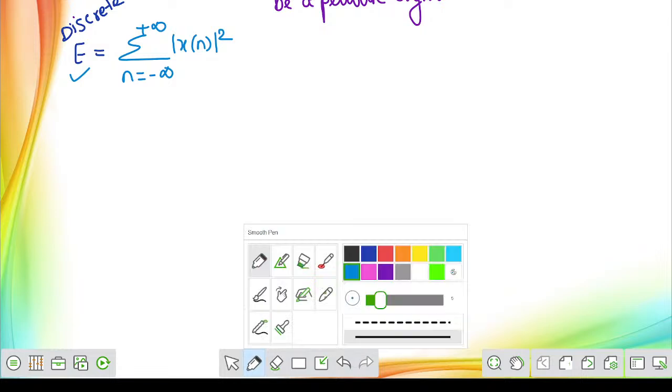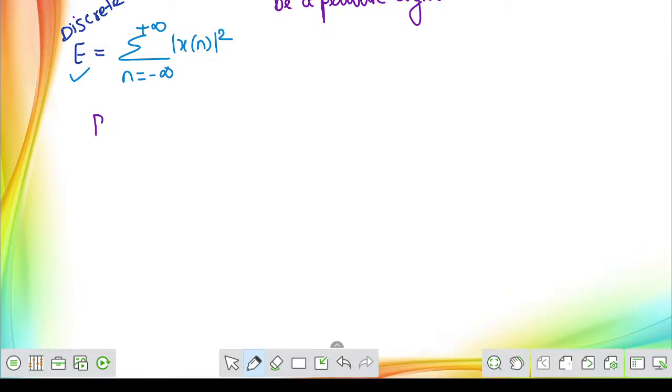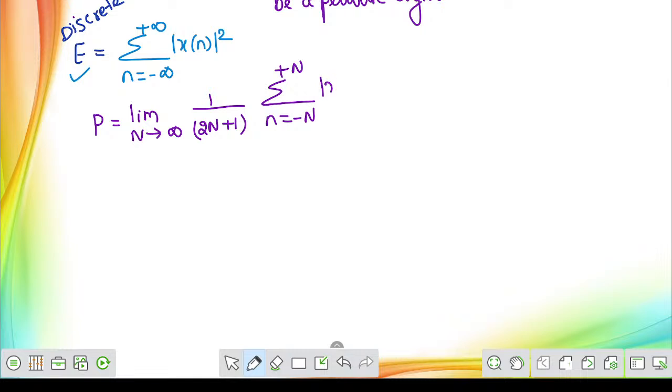Whereas, how should I calculate the power, sir? The formula to calculate the power in the discrete domain, you can consider as the general formula for any type of signal: limit n approaching infinity, 1 upon 2n plus 1, summation n equal to minus n to plus n, mod of x of n whole square.